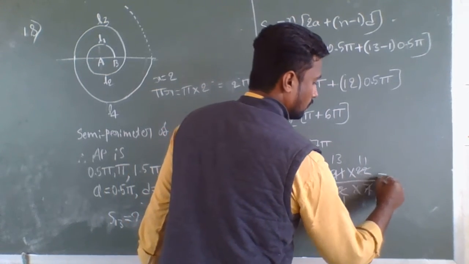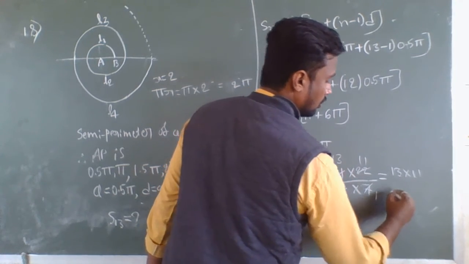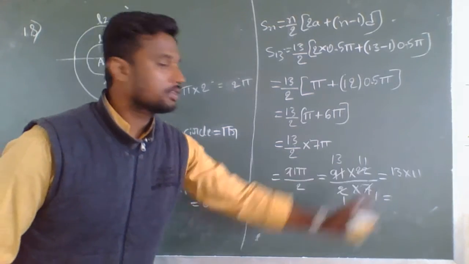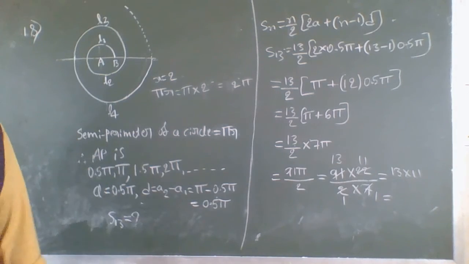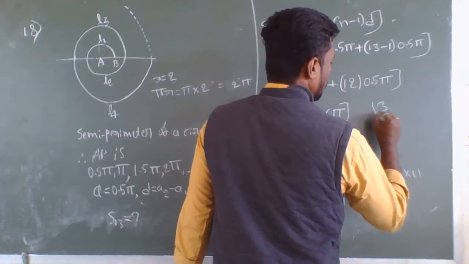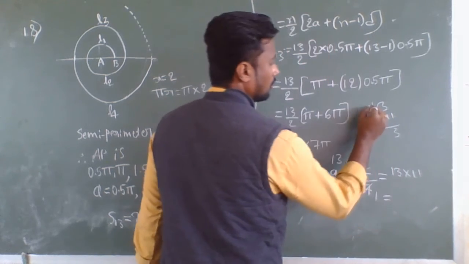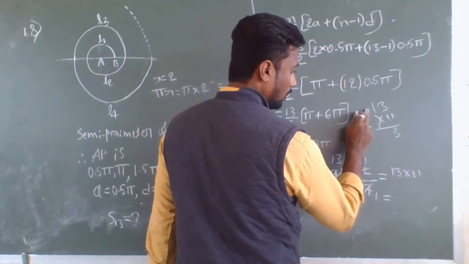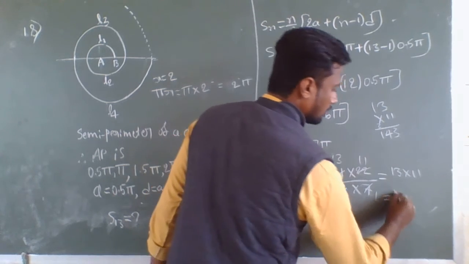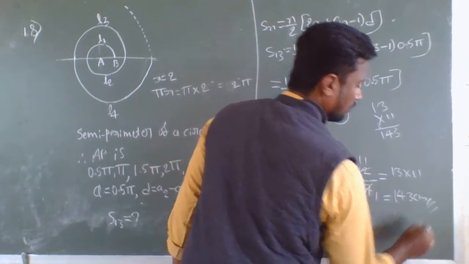So now 13 into 11, what is the answer? 13 into 11 is remaining now. What is the final answer? Here I will calculate 13 into 11. 11 into 3 means 33. 11 into 1 means 11, plus 3 is 14. 143 is the answer. 143 centimeters.